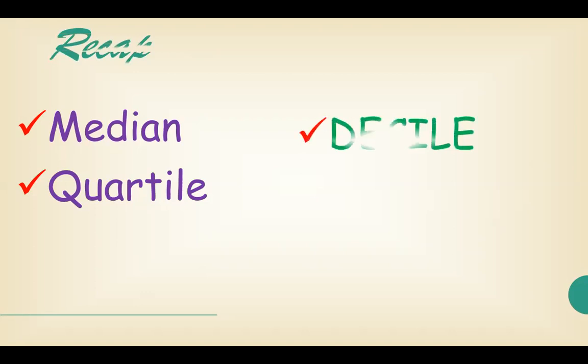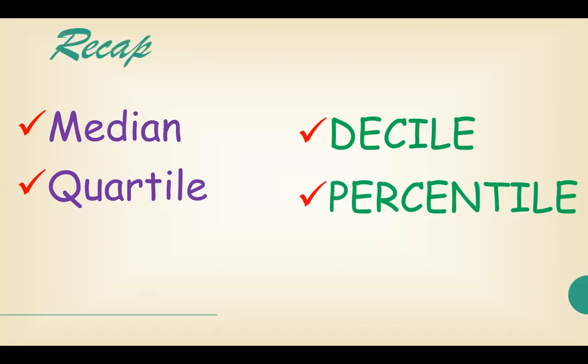There is one more term that is known as decile. There are 9 deciles in the data set that divide the data set into 10 equal parts. One more term is the percentile, which we are dealing with in this lecture. There are 99 percentiles. There are 99 data points that divide the data set into 100 equal parts. That's known as the percentile.